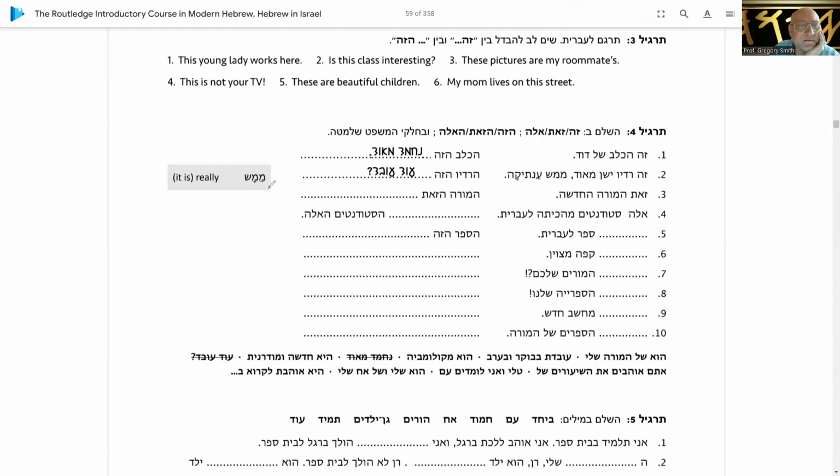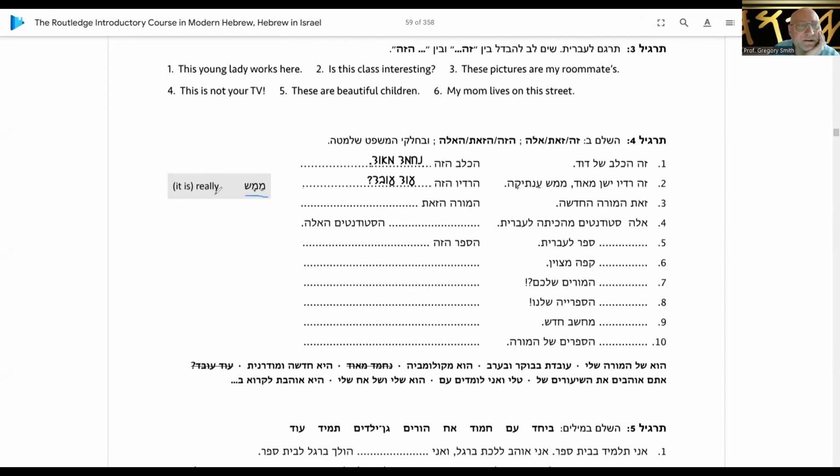Okay, so now we have mamash. Is it really? In other words, it looks to me like the is it is implied in there. Mamash. Okay, so what are we doing here? Targil 4, Hashlem, complete. You need to complete something.